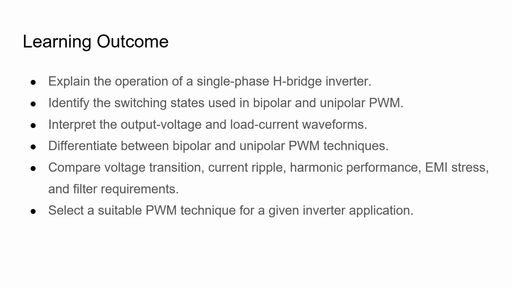We will compare the two pulse width modulation techniques based on voltage transitions, current ripple, harmonic performance, and electromagnetic interference. At the end of the lecture, you should be able to select a suitable PWM technique for the inverter that you are planning to design and perform the basic converter rating calculations.